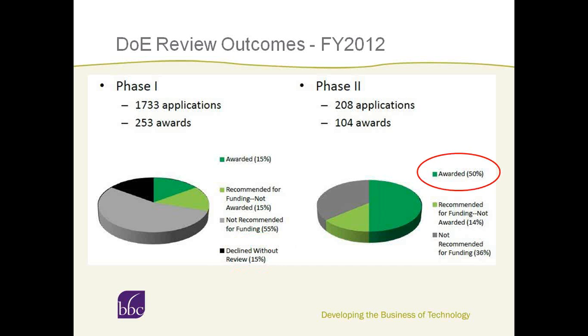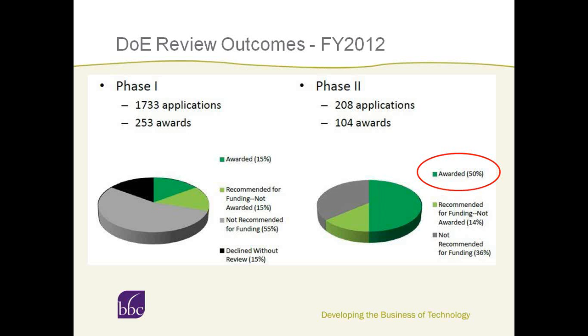Now, switch your attention to the right side. Look at Phase 2. Of the 208 applications that were received, 104 were awarded, 50%. So in reality, it's easier. You have a higher chance of getting the $1 million funding than you do the $150,000. So this is the competition that exists in the Phase 1 arena.